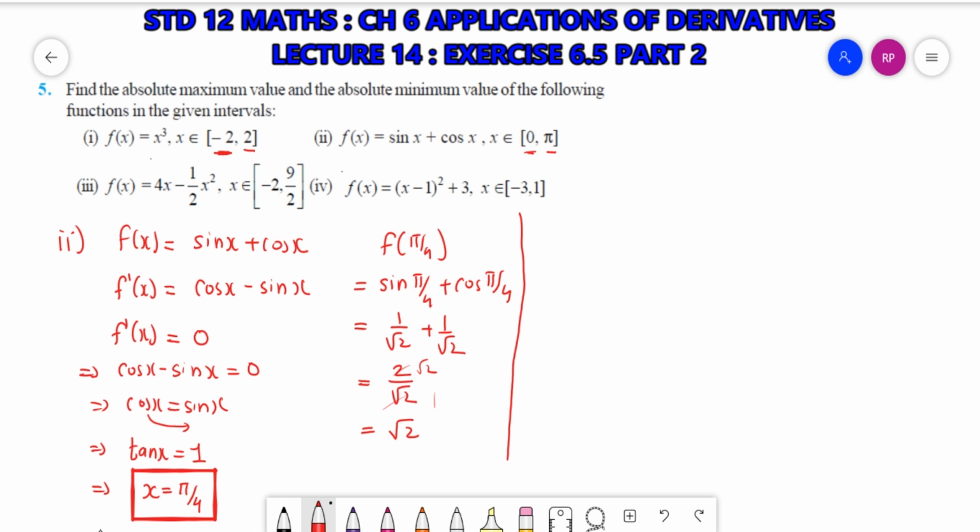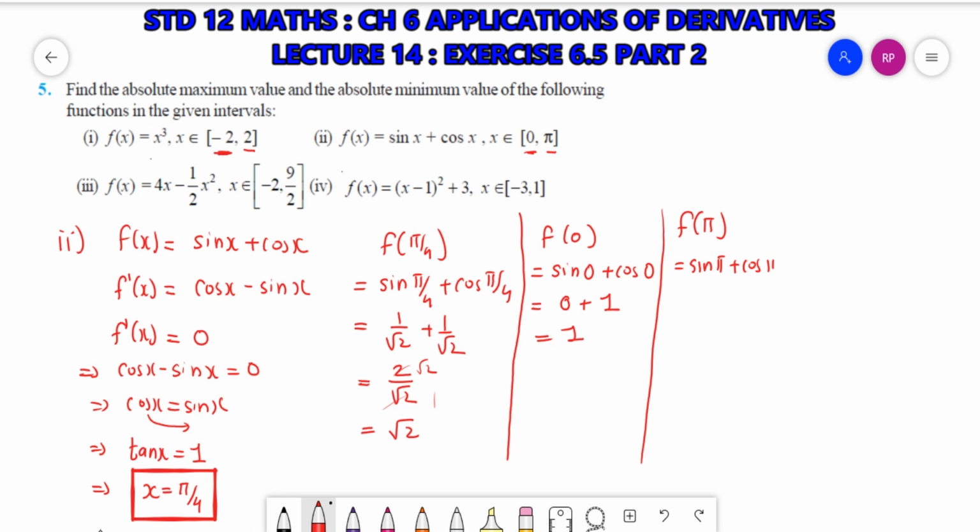Now the lower limit, f of 0, will be equal to sin 0 plus cos 0. Value of sin 0 is 0, value of cos 0 is 1, and that is equal to 1. Now f of pi, the upper boundary, is equal to sin pi plus cos pi.